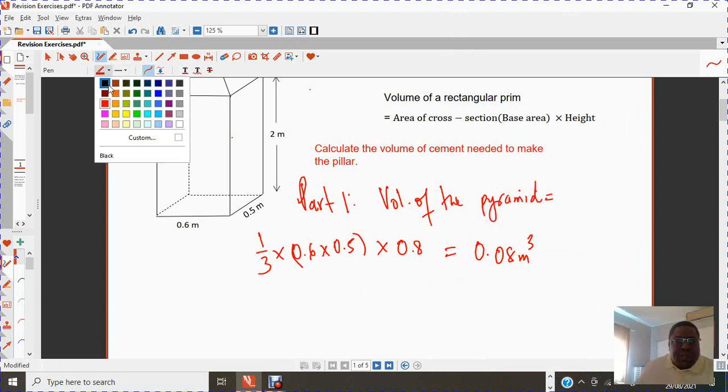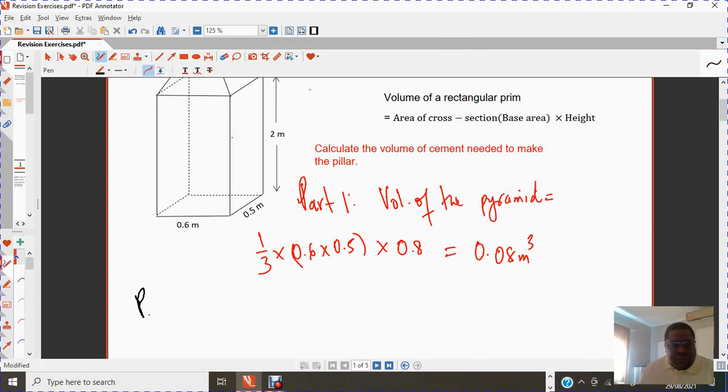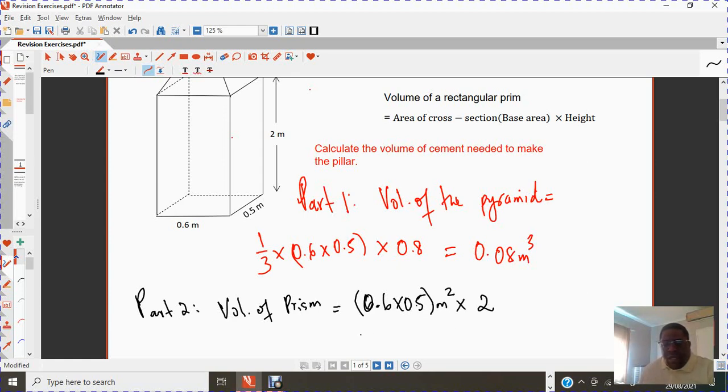So perhaps my second part, I'll be saying let's find the volume of the prism, and that is simply calculated by the area of the cross section, which is 0.6 times 0.5, and then you multiply that by the height, and the height here is 2 meters.